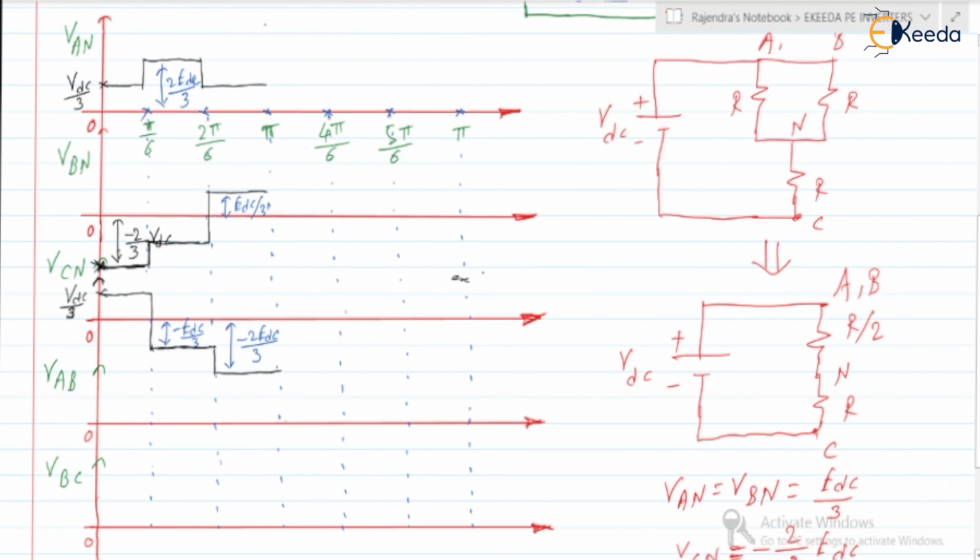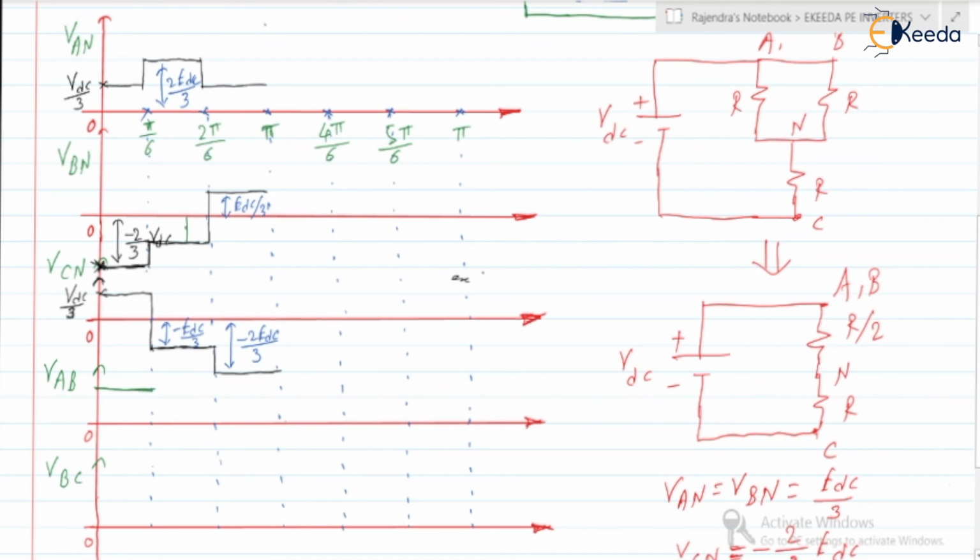Okay, so we can write it as, during the first interval VAN minus VBN, it is VDC by 3 minus of minus VDC by 3, so it is like a VDC, right? Are you getting the point, right? So suppose this pulse is of VDC, right? Next, during the second interval, it is 2 VDC by 3 minus of minus VDC by 3, right?